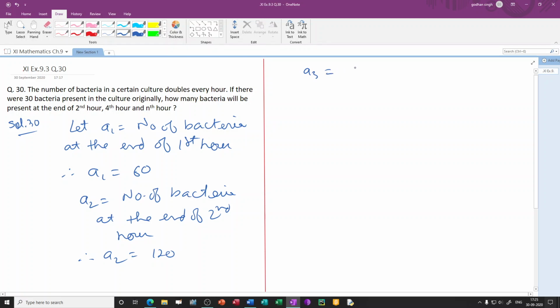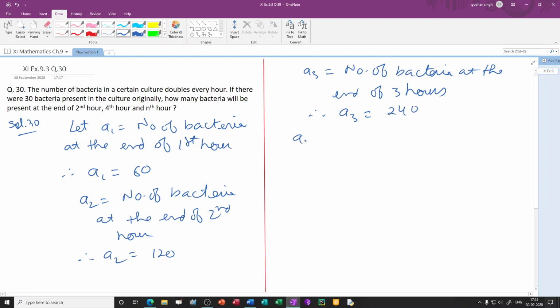Suppose we follow the same pattern. A3 is the number of bacteria at the end of the third hour, meaning when 3 hours are complete. A3 is double of 120, which is 240.